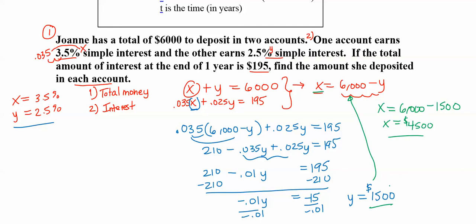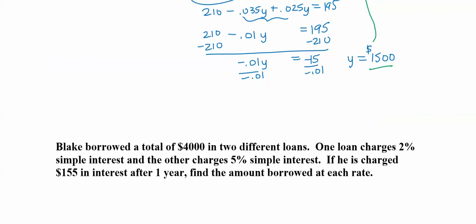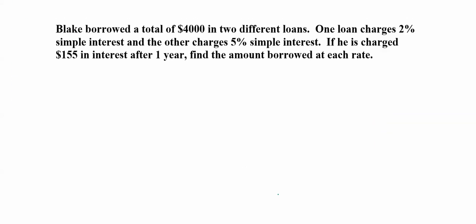Let's look at another interest rate question. Blake borrowed a total of $4,000 in 2 different loans. One loan charges 2% simple interest and the other charges 5% simple interest.